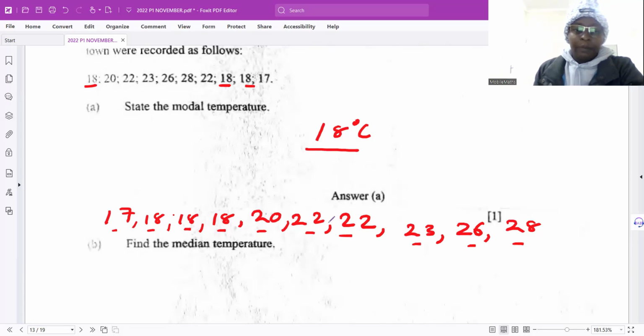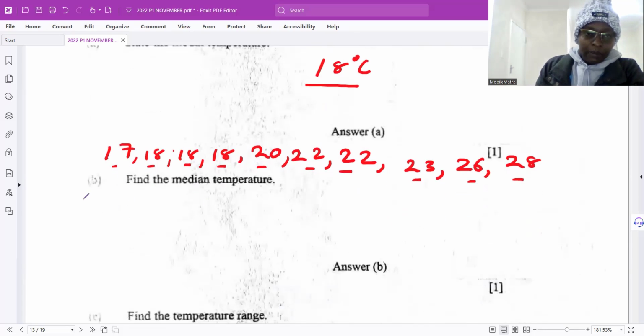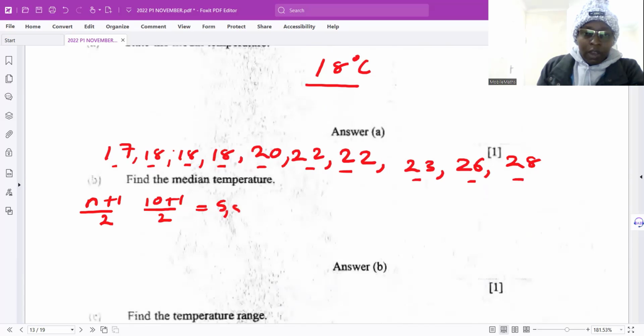Okay, they are all there. Now, the median is basically the one in the center. So here we've got 10 numbers. So our median position is n plus 1 over 2, which is 10 plus 1 over 2. We get 11 divided by 2, it's 5.5.